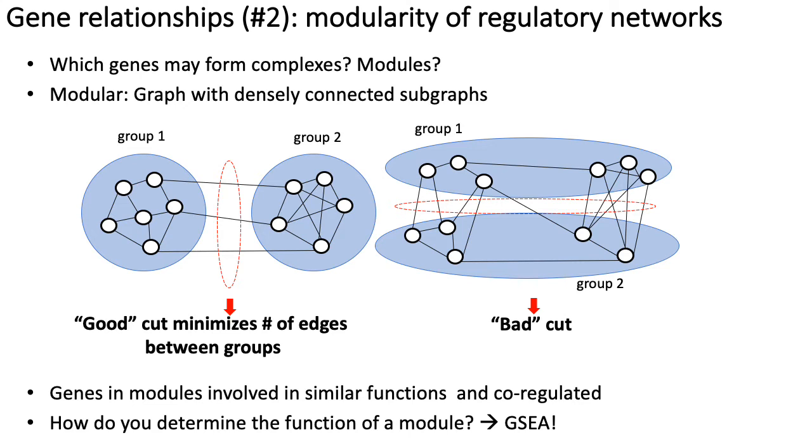Something a little more complicated that people oftentimes do also is they don't just build a network for one type of cell and then just identify communities. What they typically do is assay networks in different conditions. So for example, they might compare networks derived from normal hepatocytes versus liver cancer, hepatocellular carcinomas.